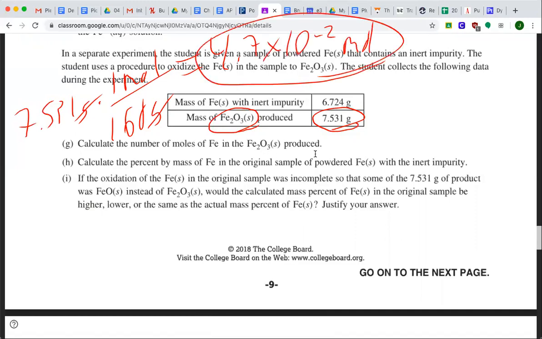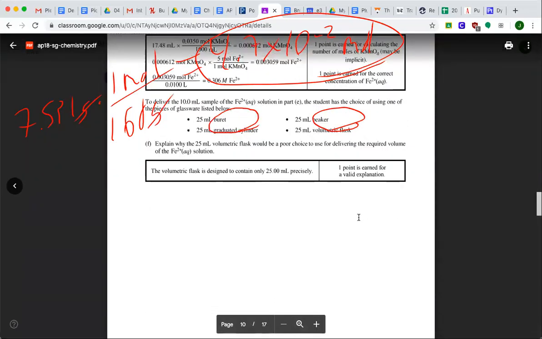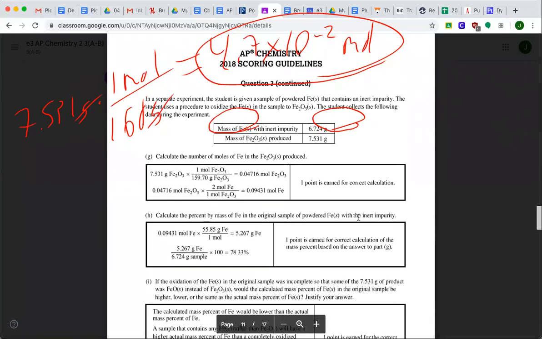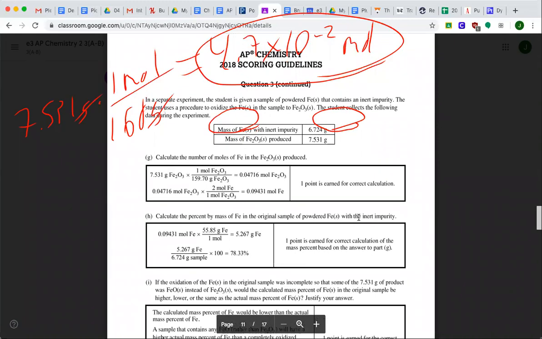Okay, that's how many moles we get. There we go. And let's just double check because heaven forbid I goof that up. Okay. So, yeah, 4.7 times 10 to the negative second moles.